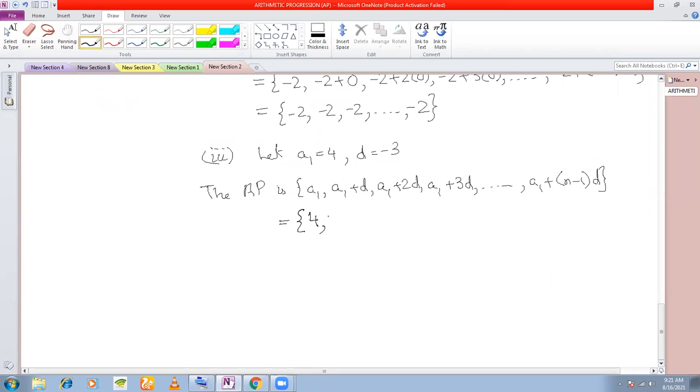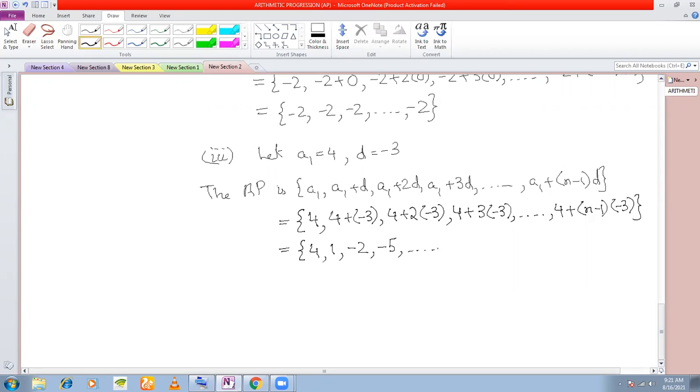Put the values. Four minus 3 will give you 1. And this is 4 minus 6, which will give you -2. 4 minus 9 will give you -5, and so on.